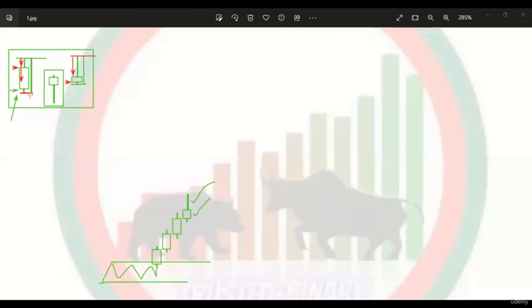That time we would get this size candlestick, the rejection here to here, and the body this one. That means the body part also has a significant role.